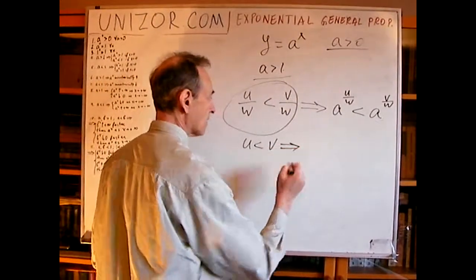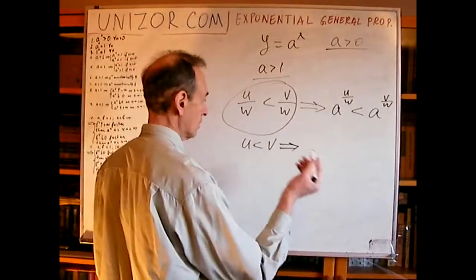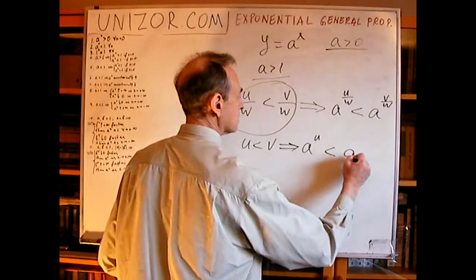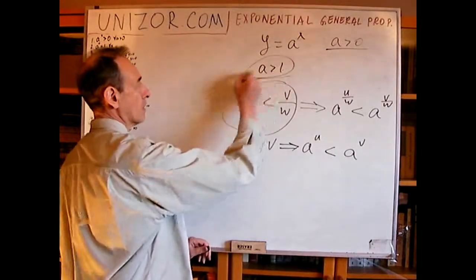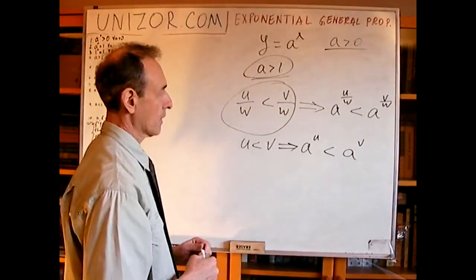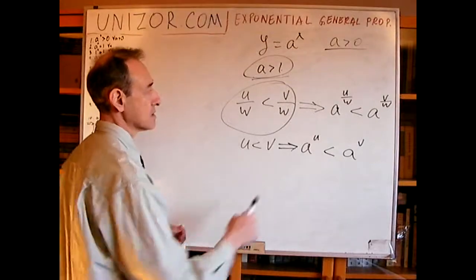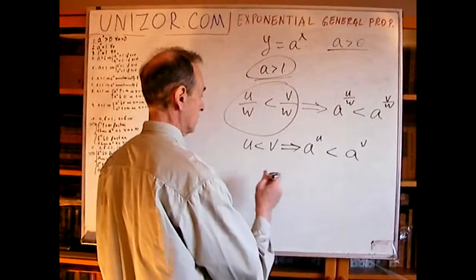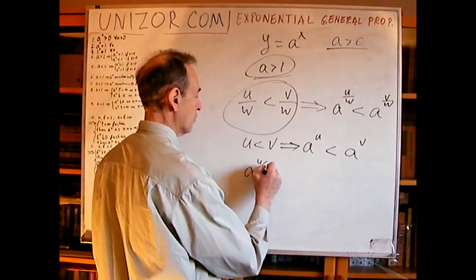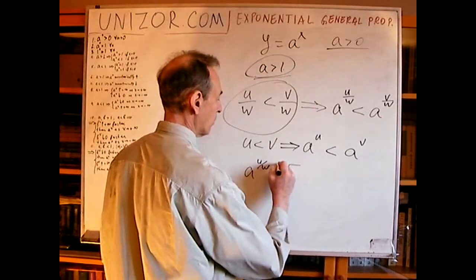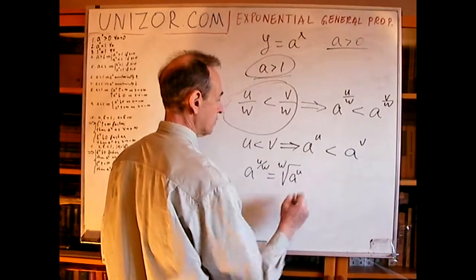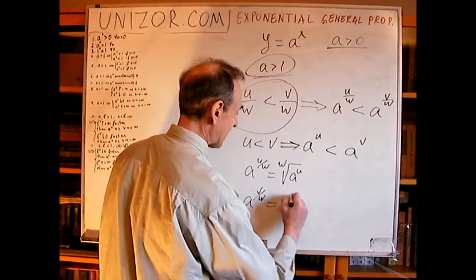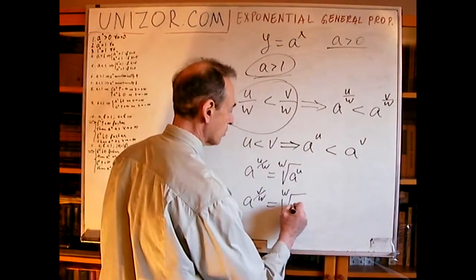Therefore, since I have already proven it for positive integer numbers, for natural numbers, a to the power of u is less than a to the power of v for a base a greater than 1. Now, all I have to do is extract the w's root from it, right? Because a to the power of u over w is the w's root of a to the power of u, and a to the power of v over w is, again, the same w's root of a to the power of v.